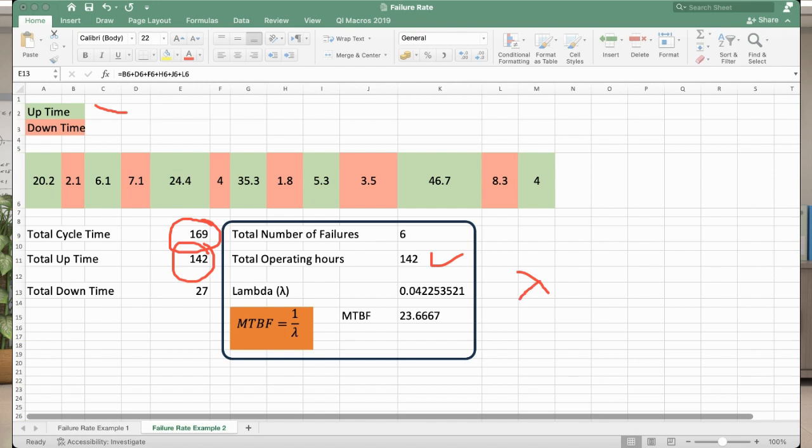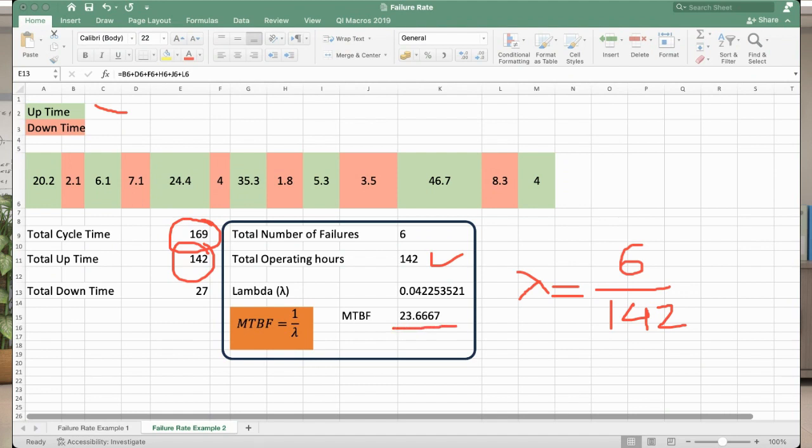Do you remember the formula? Yes. The number of failures is 6. The total operating hours is 142. Yes, this is correct. Now this calculation gives us lambda, 0.0422, and 1 over lambda gives us MTBF.